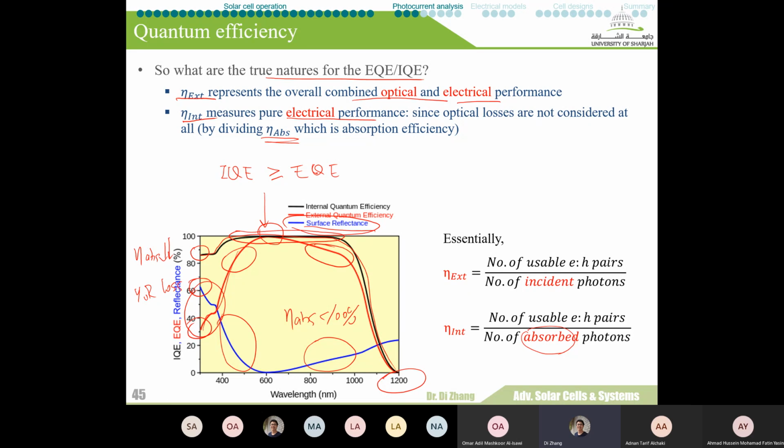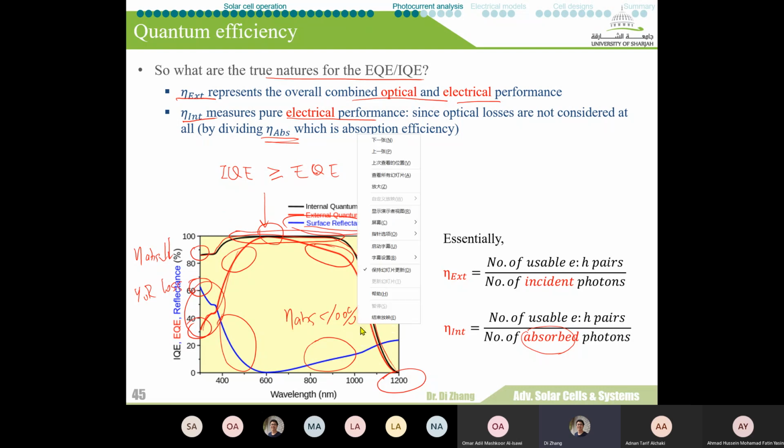So this information is very useful if you want to improve your solar cell performance. And typically, you cannot find this information easily from the IV curve. The IV scan will not tell you this information. So that is the importance of having this wavelength sensitive data. You want to have this data so that you know how to improve the performance.